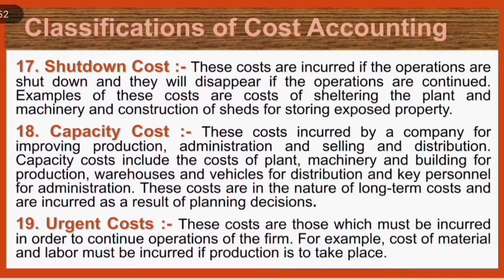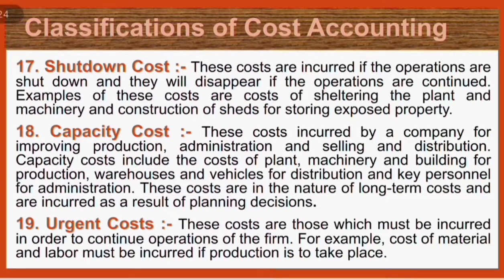These are costs incurred by a company for improving production, administration, and selling and distribution. Capacity cost includes the cost of plant, machinery, and building for production, warehouses and vehicles for distribution, and key personnel for administration. These costs are in the nature of long-term cost and are incurred as a result of planning decisions.